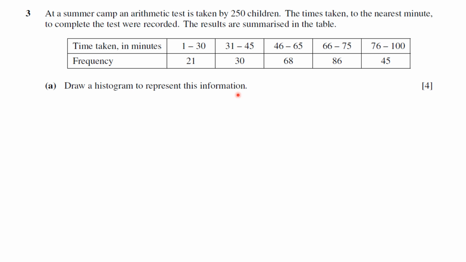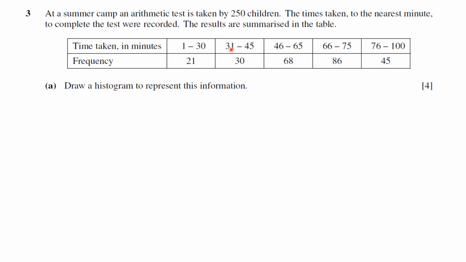So the first thing we need to do is what we call a continuity correction, in order to make our data continuous. For example, if you look at 1 to 30 here, we're going to subtract 0.5 from the 1, which is the lower class, and we're going to add 0.5 to the upper class.